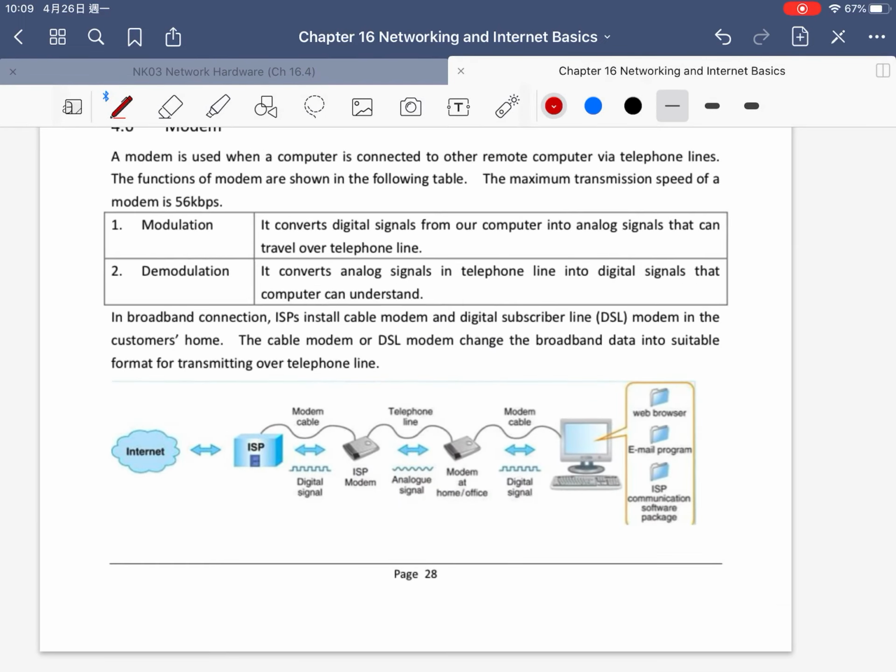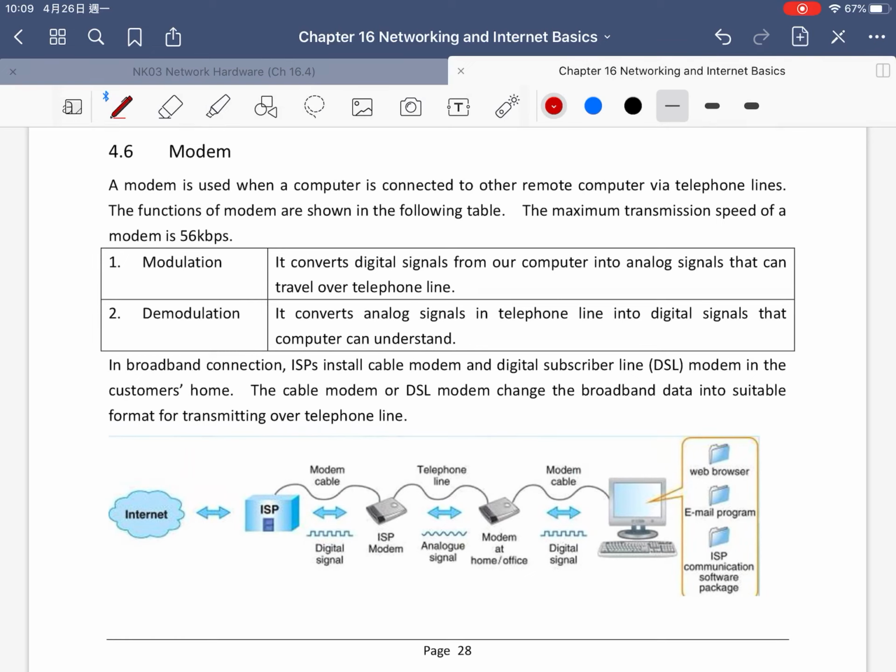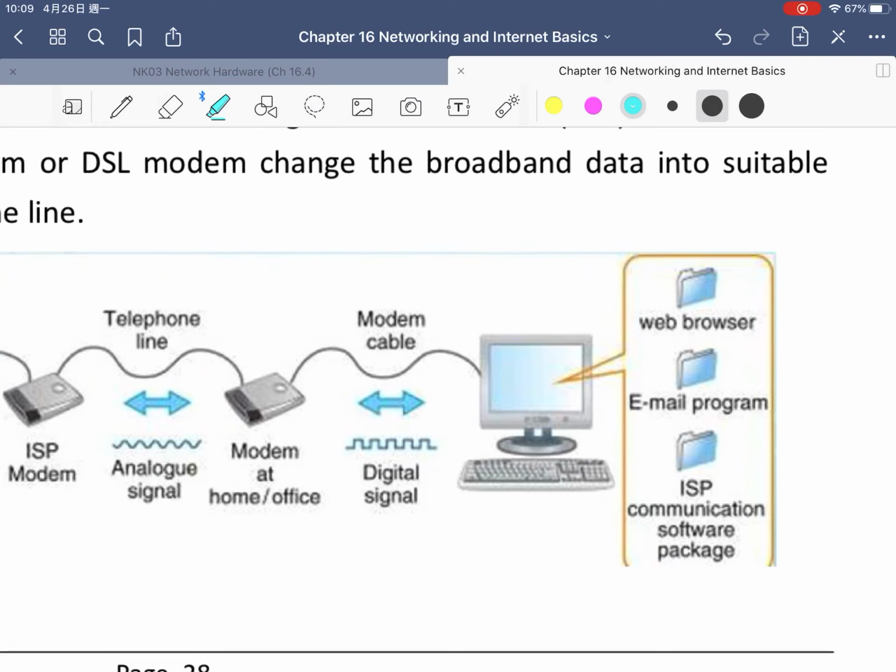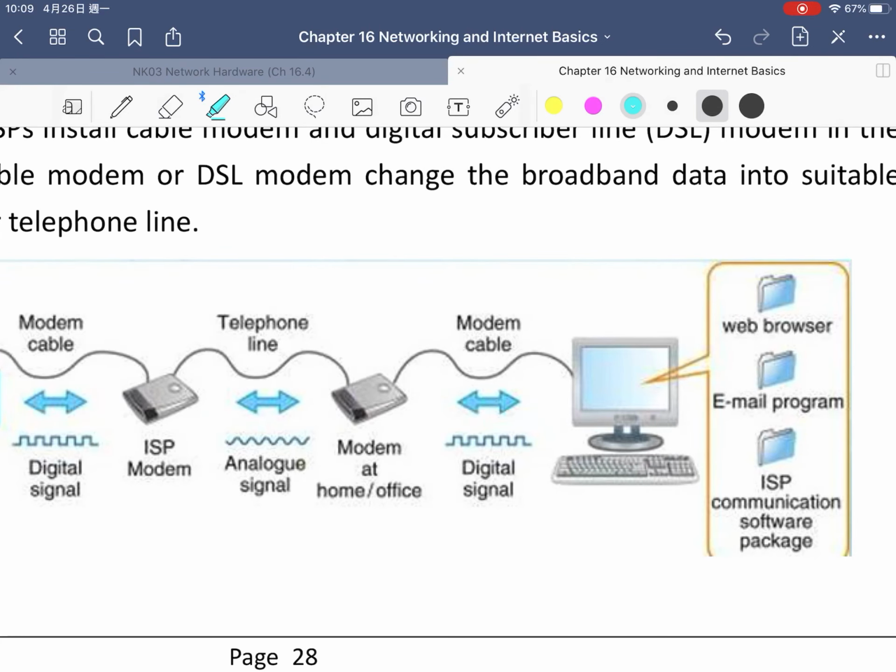Okay, this is a diagram about the modem on page 28. Modem is used to connect computer to another remote computer via the telephone line. This is a diagram. For the computer, the data is the digital signal. But in the telephone line, the data is analog signal. So modem is to change data from the digital to analog.